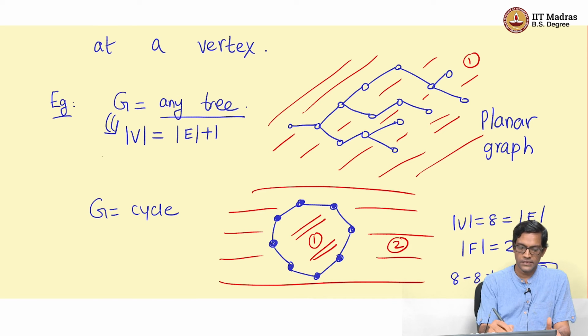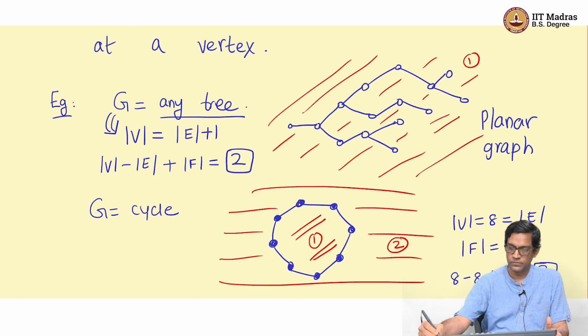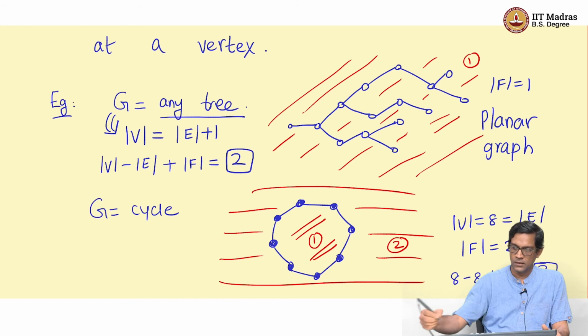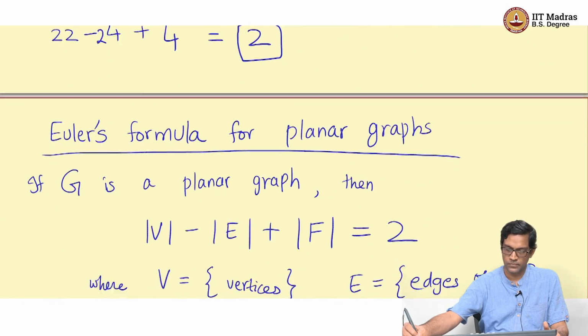So here again, it doesn't matter how many vertices and edges it has, they both always satisfy this relation, that vertices is 1 more than edges, and faces is always 1. So this is always going to be 2, because here F is 1. Okay, so in all these examples, at least we have checked that Euler's formula holds. Now, let's see how one would prove a statement like this.